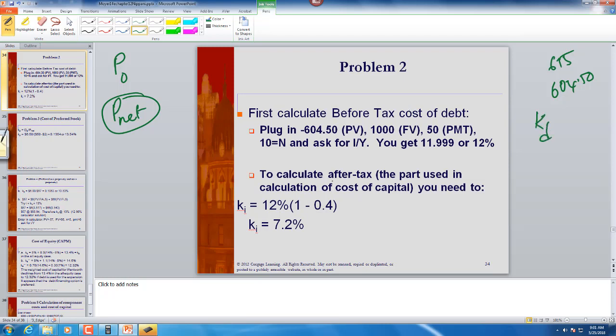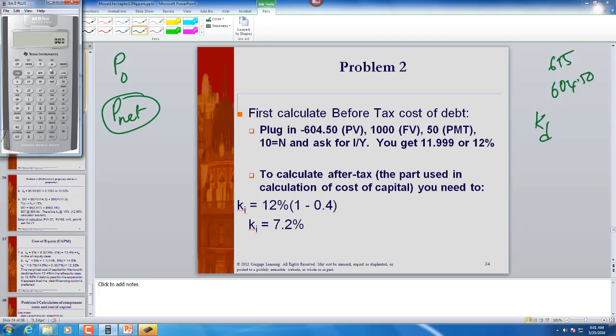Let us do it, shall we? Okay, let me go clear my work. Second, clear work. I always love to do this. All right, 604.5 negative present value.